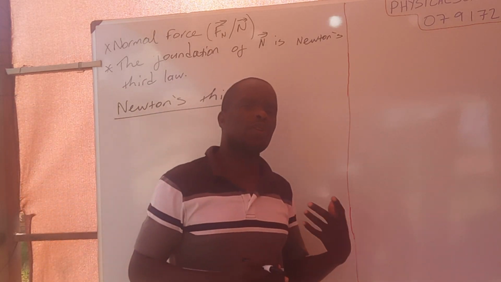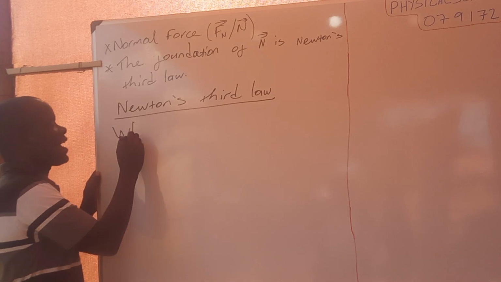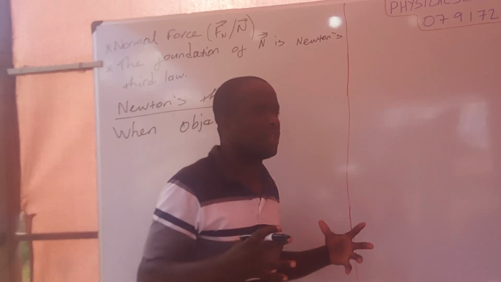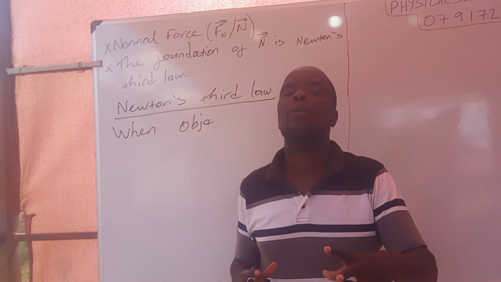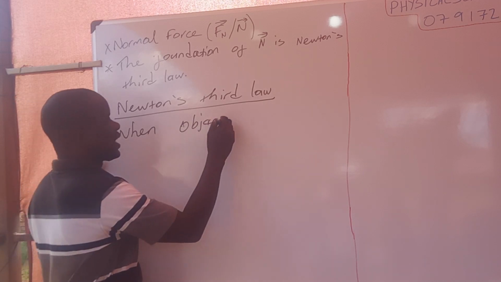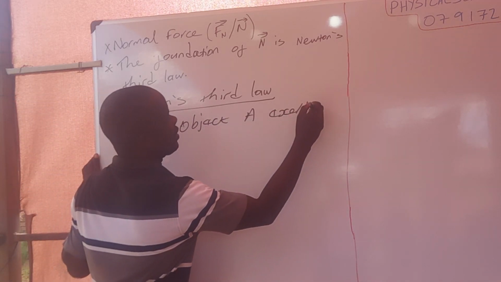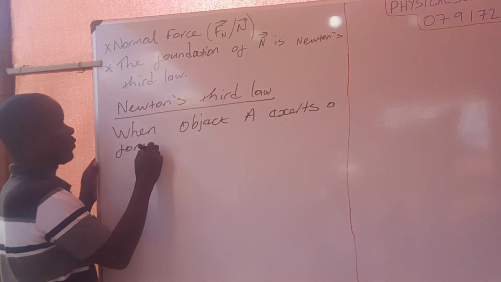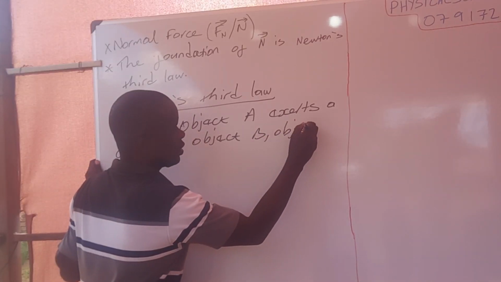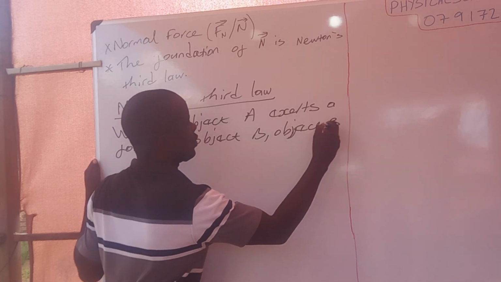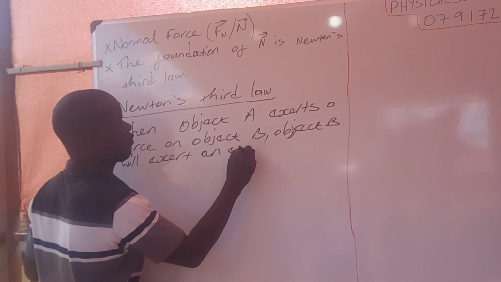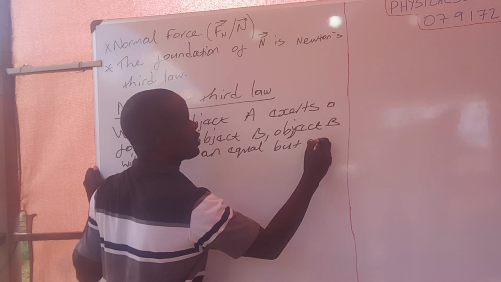If you remember very well, Newton's third law says that when object A exerts a force on object B, object B will exert an equal but opposite force on A. It's all about action and reaction.